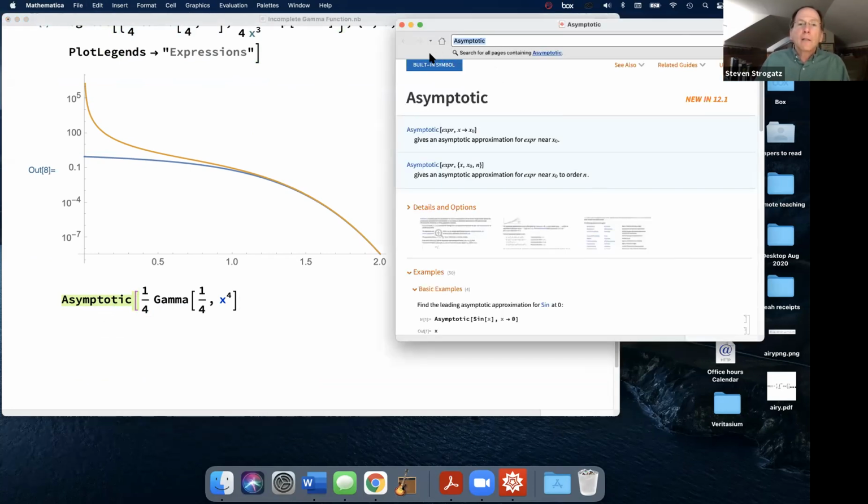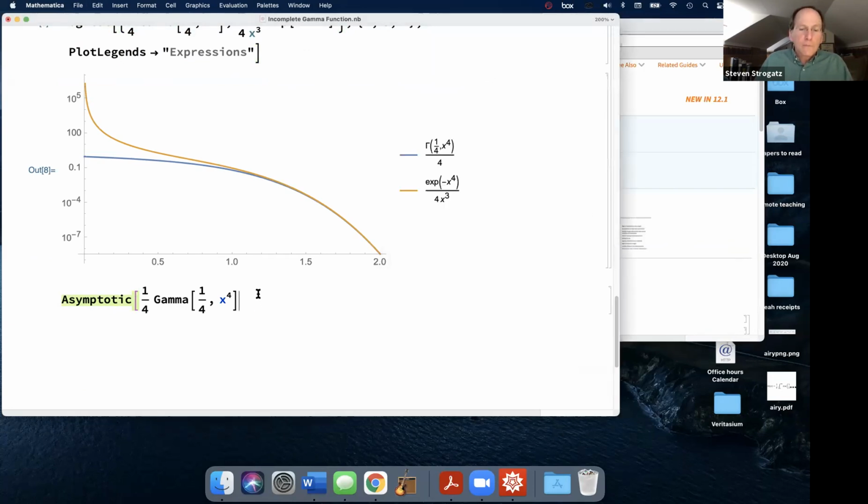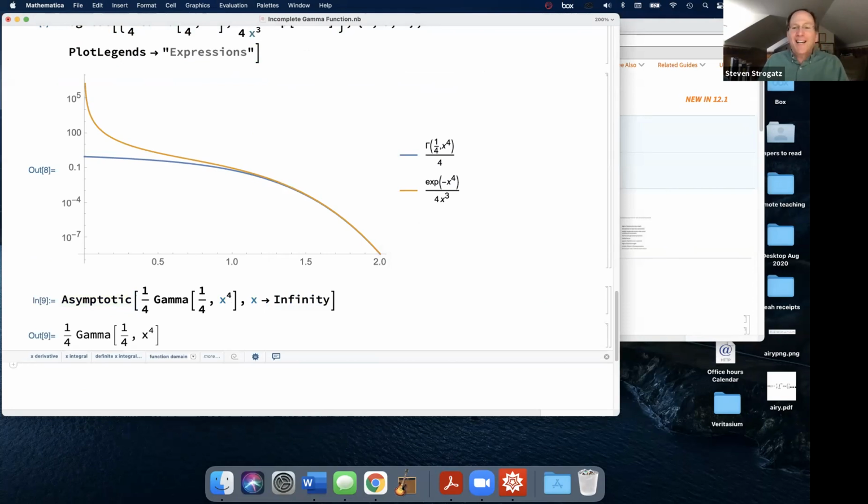Oh, I just say x goes to x0. All right. So fine, let's say x goes to infinity. Let's see what it does. Oh, come on, that's not what I want. The second way of calling it is like series, where you can give the number of terms. And I don't know if it's going to spit out just the same thing or not.